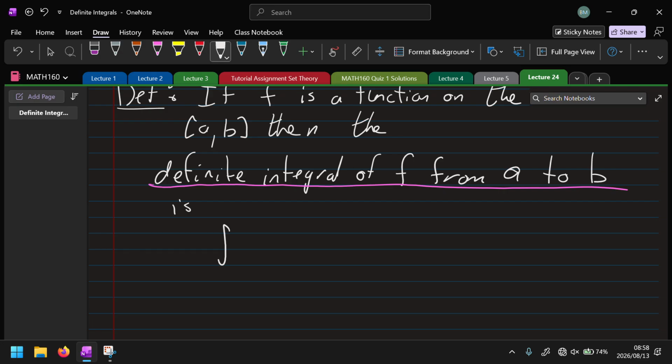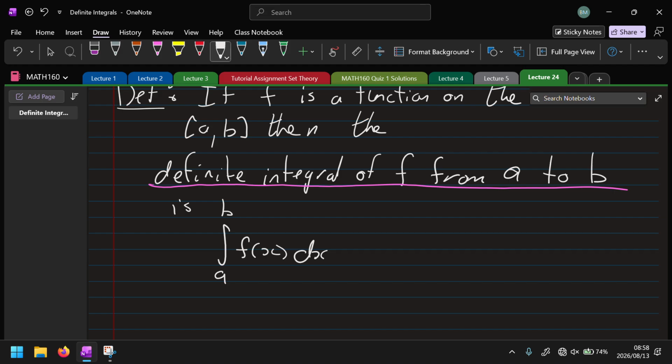At the bottom of the shape here, we're going to put A. That's our starting point. At the top of the S shape, we're going to put B. That's our ending point. Then inside here, we're going to put our function. And then we write dx.